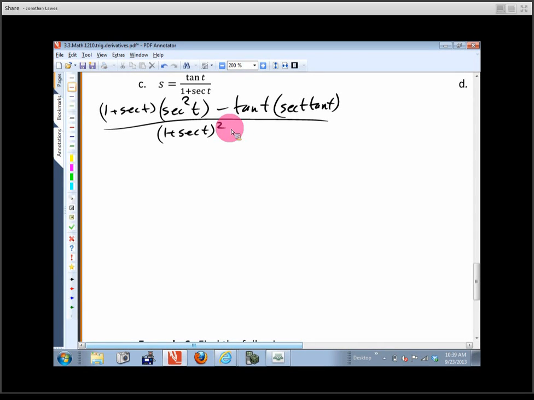Okay, there's not one in each one. Okay, you can take a secant out there. So we can try that. Let's take out a secant t. Let's see if that works out right. So that means there's going to be one of these left. So that's going to be a secant t plus a secant squared t. And then this is going to be minus tangent squared.